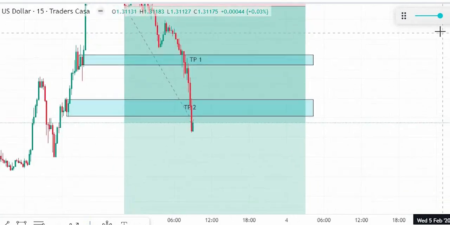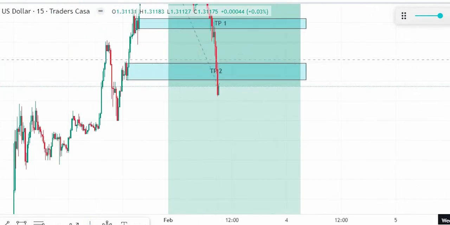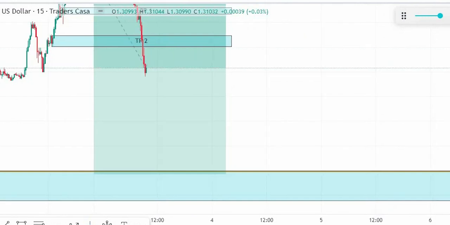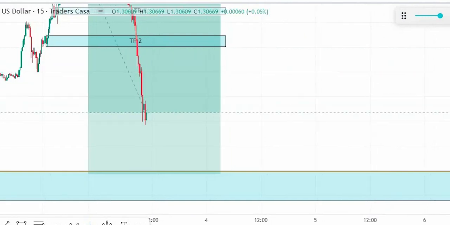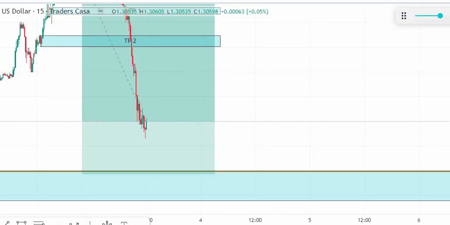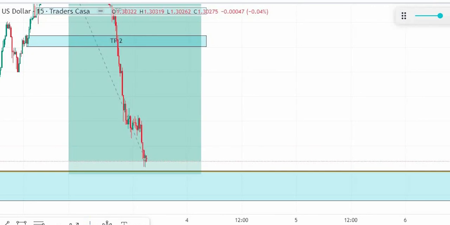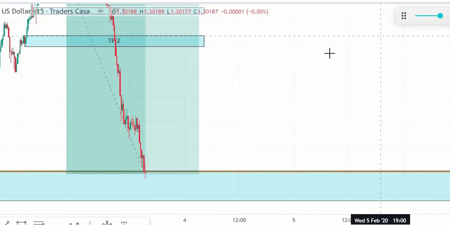Our second take profit has also been smashed. So this is a very nice trade just by understanding top down analysis. Then there we go. Our third take profit has also been smashed.